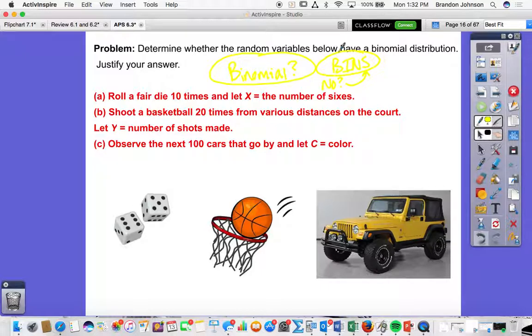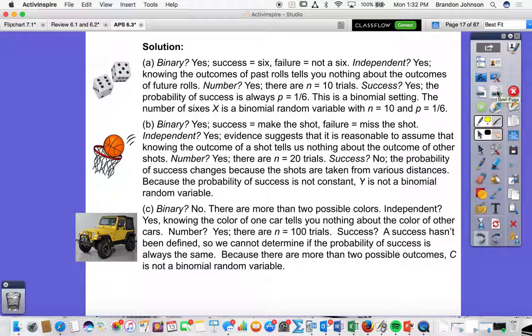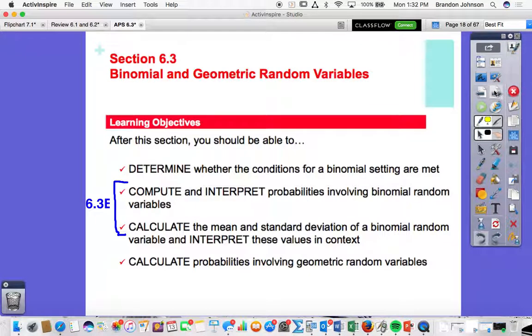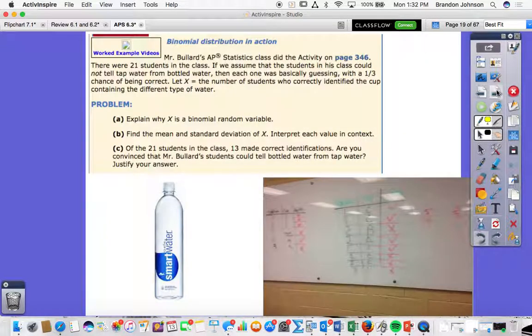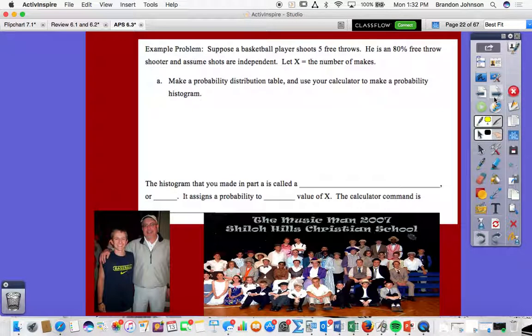Was it not a set number? Was there not a set success rate that was consistent? So I want you to identify that, and then we'll go from there. And these right here are the answers, so if you want to go back to them, you absolutely can, and go from there if you want another practice here. Tomorrow we're going to go a little bit more into binomial and geometric random variables here.